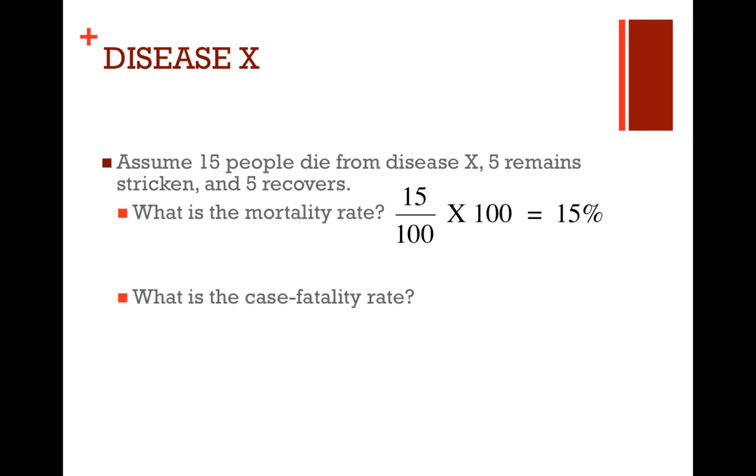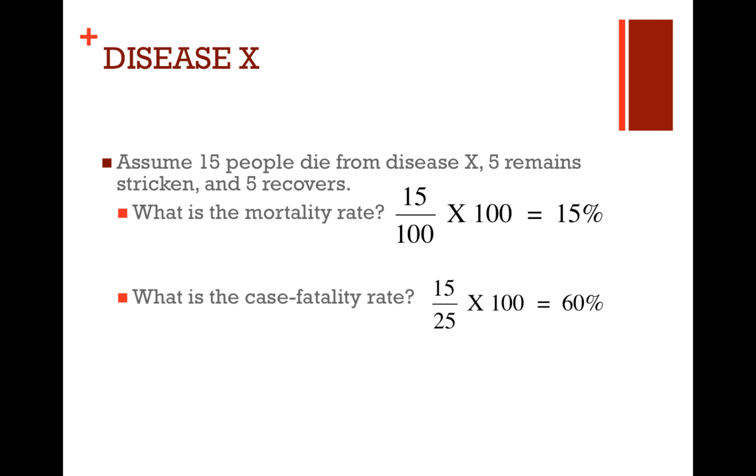But we have a different measure called the case fatality. In this case, the case fatality looks at how many people died divided by the number of people who were stricken, the number of people who had the disease. So in this case, the case fatality rate is 60%. That's much higher.